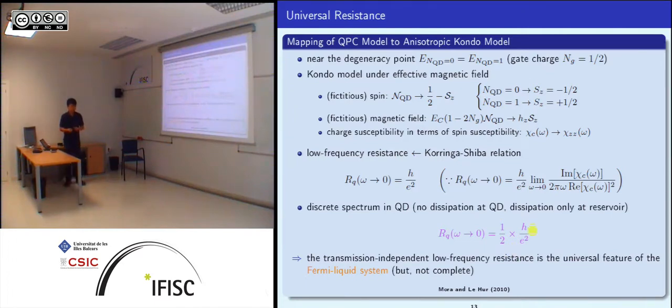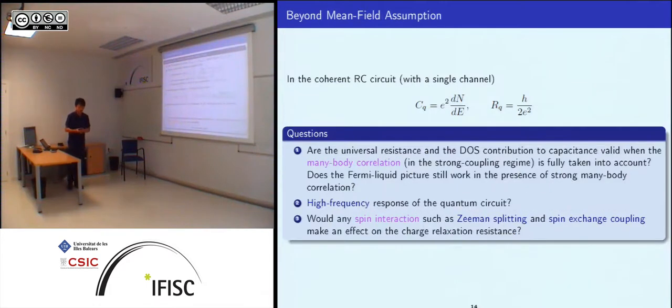This is not just a coincidence to have this universal value. Its origin has a root in the Fermi-liquid nature of the system. But what if we break the Fermi-liquid picture by considering the many-body case of the system?